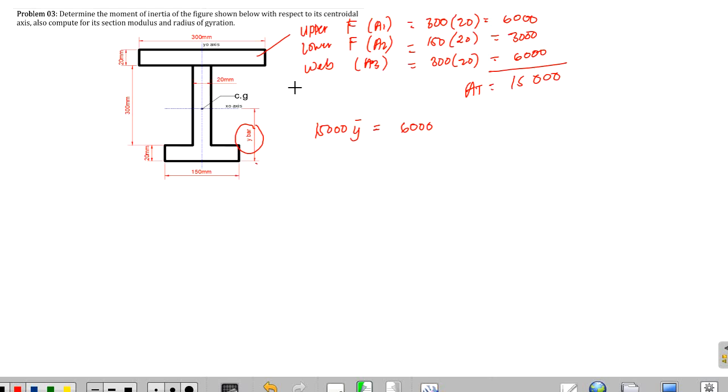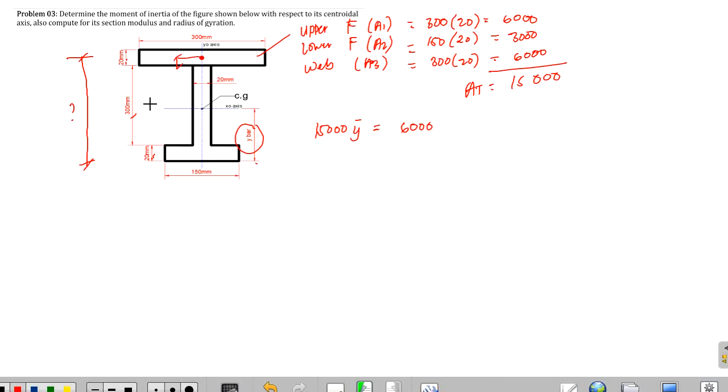Okay, so solving for the y bar, the total area 15,000 times y bar is equal to, from the bottom. So from the bottom, the centroid of my upper flange is at what distance from the bottom? That is 300 plus 20 plus 10, since half of 20 is 10.